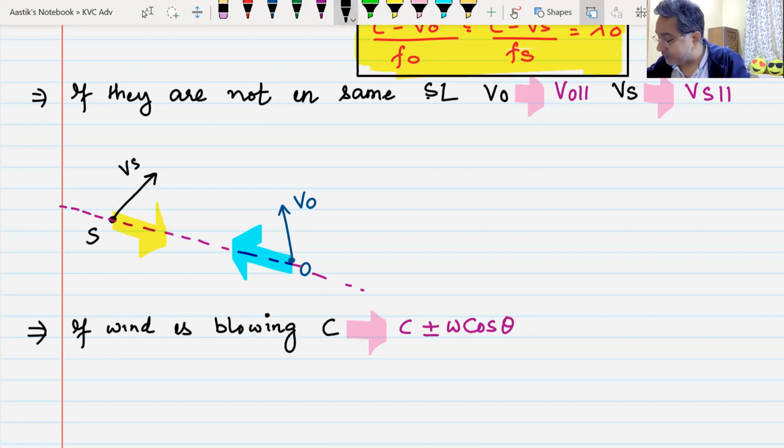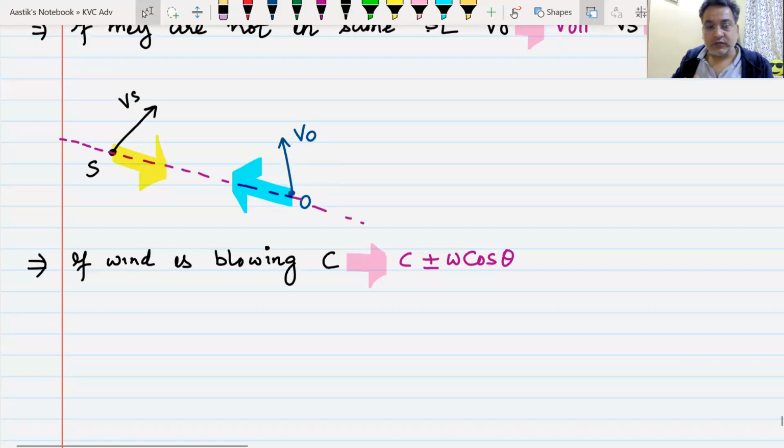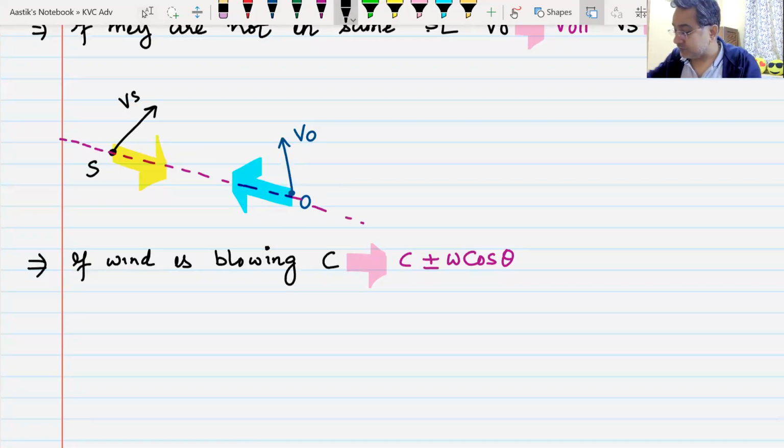If your wind is blowing, let us say this is your source. The source is moving like this.